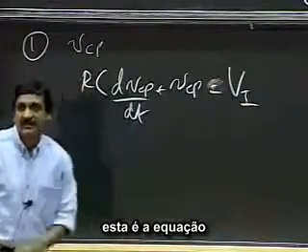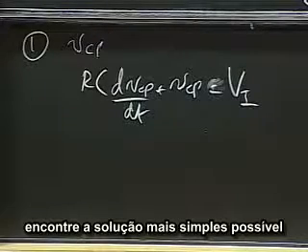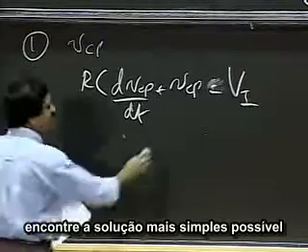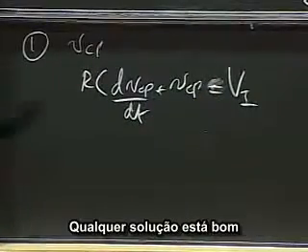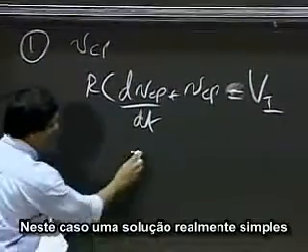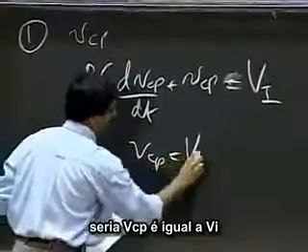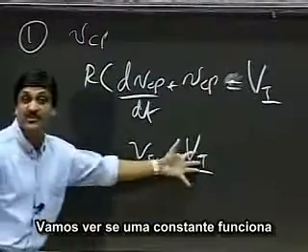Okay, this is the equation. You find any solution that satisfies it. Okay, and find the simplest possible solution that money can buy. That's a particular solution. Any solution is fine. So in this case, a really simple one would be VCP equals VI. Let's see if a constant works.